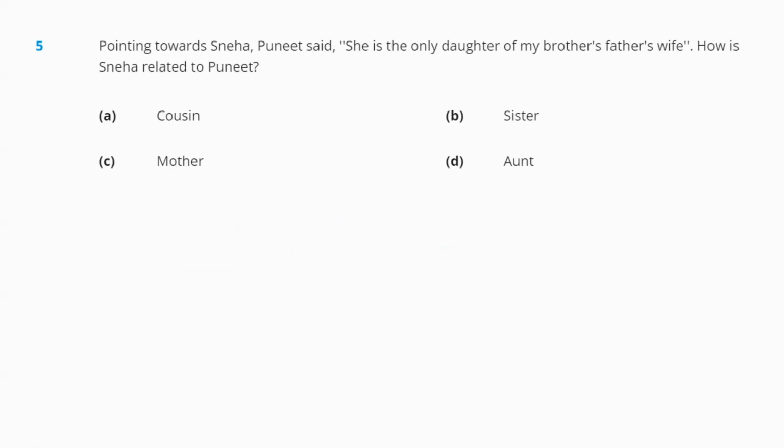Pointing towards Sneha, Puneet said, she is the only daughter of my brother's father's wife. How is Sneha related to Puneet? So, firstly, my brother's father will be Puneet's father.